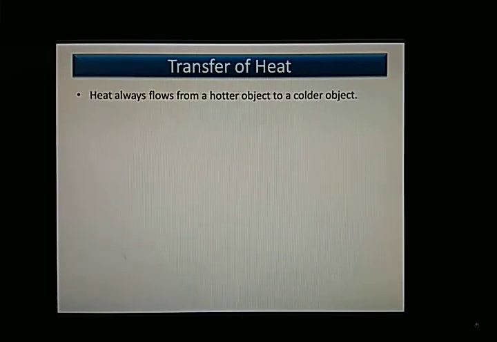Heat always flows from a hotter object to a colder object. Now, to understand this, let us think of an example. Say we are boiling water in a pan.